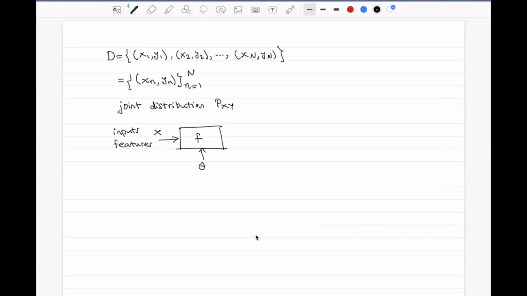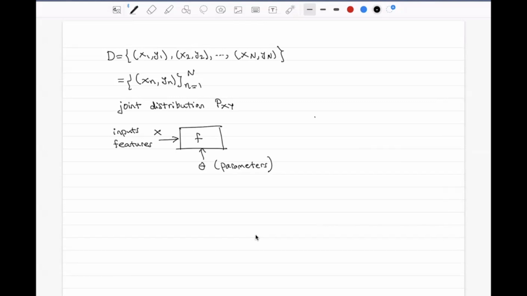So we want to be able to provide any number of years of experience and be able to find the output. But this function f is not completely defined because we have to train or learn that. And those parameters that we have to learn, we show them using theta. So these theta are parameters that we have to infer or learn.